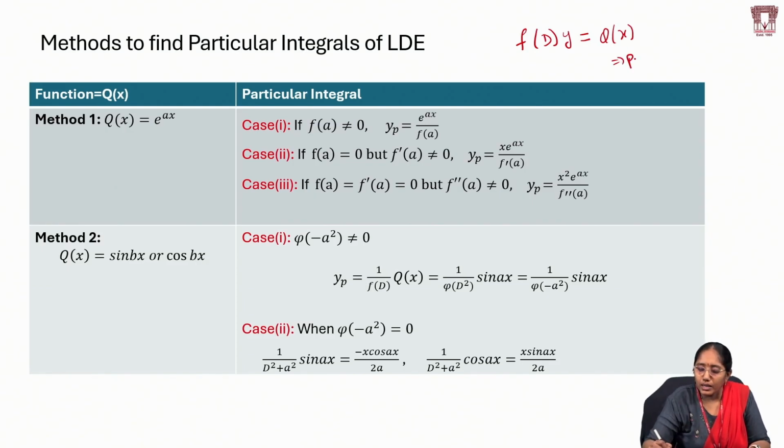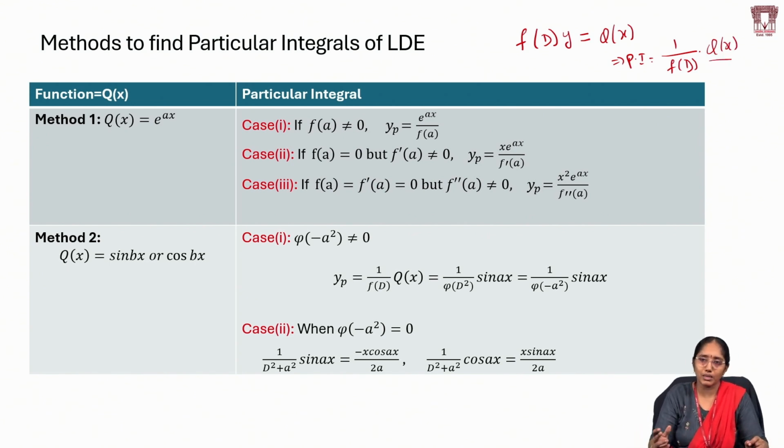Then the particular integral is of the form 1 by f of D into Q of x. Here Q of x may be any mathematical function, that may be exponential, sine or cosine, or polynomial, or a combination of these, or any other function.